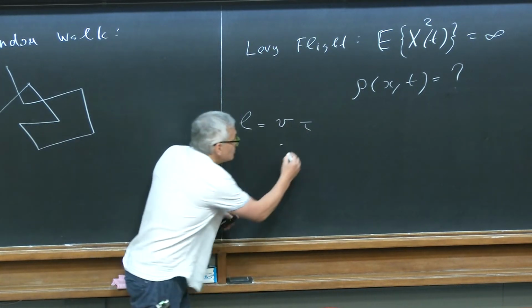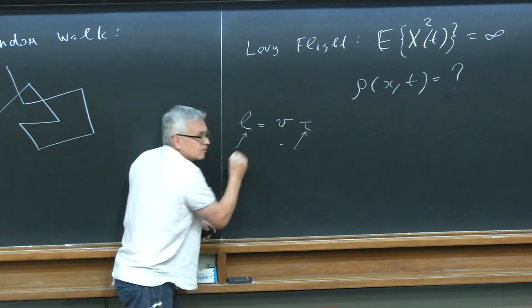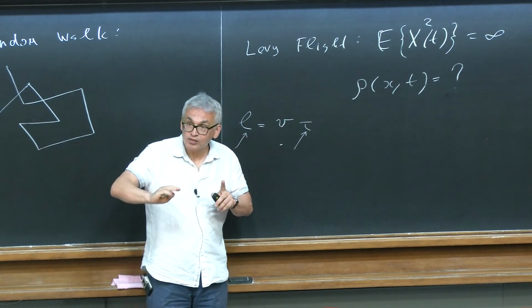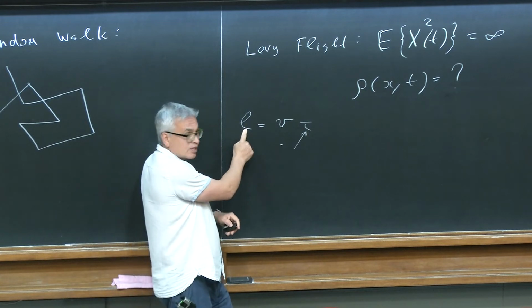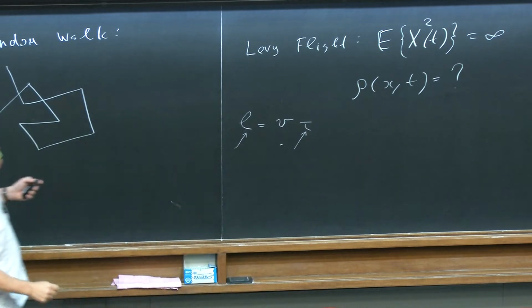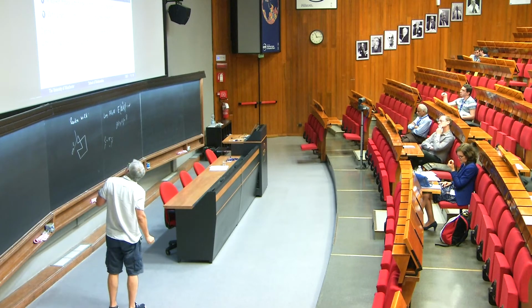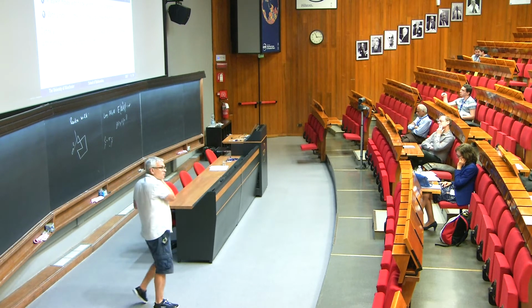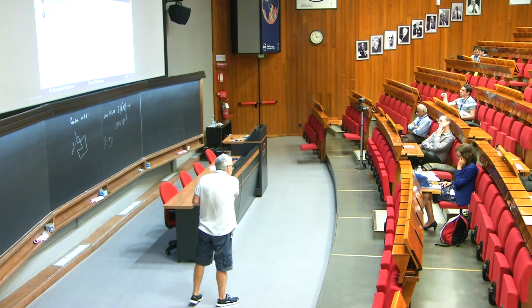This time is random, and of course the length is also random. To create a heavy-tail distribution for the length, we just need to create a heavy-tail distribution for running time. So this is psi. Then we can formulate the whole problem in terms of continuous time random walk.